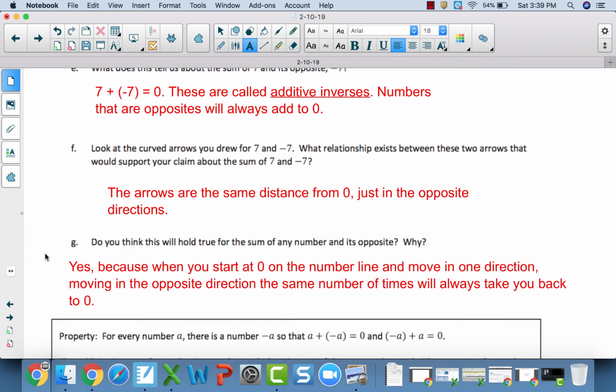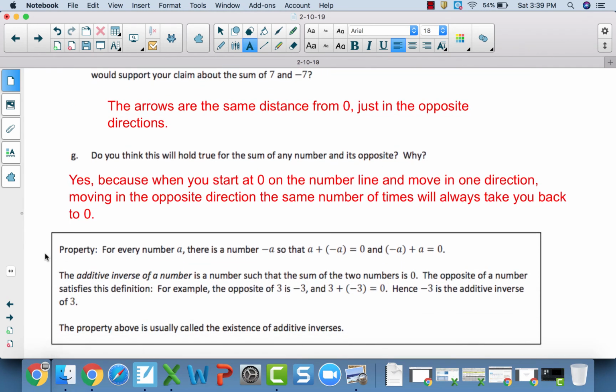So any opposite numbers will always add to get 0. And that's what is mentioned here in this box. For any number A, there is a number -A, or the opposite of A. So A plus the opposite of A will get 0. And it's also true for the other way around, okay? This is called additive inverses. When you are adding opposites, you will always get 0. That is called additive inverses.